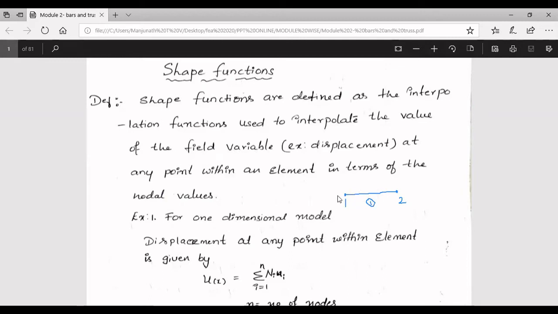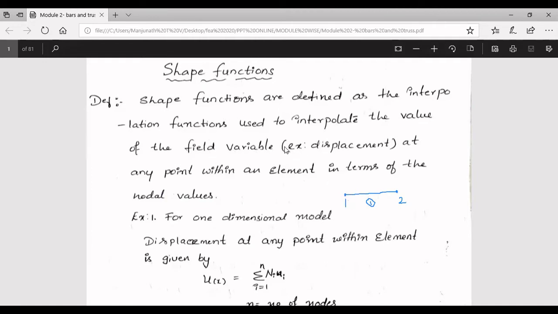But in the shape functions, the value at a node is considered. For example, if at node 1 the value is 1, then how it varies throughout the length of the element is given by the shape function. This is how the shape function is defined.